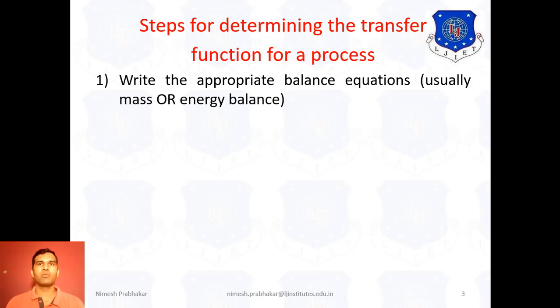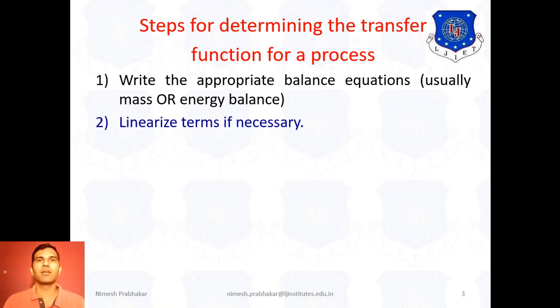By using the conservation law, we write the mass balance and energy balance equations. Then the second step is to linearize the terms if necessary. That means if any nonlinear term is present in the equation, then we have to linearize that term.